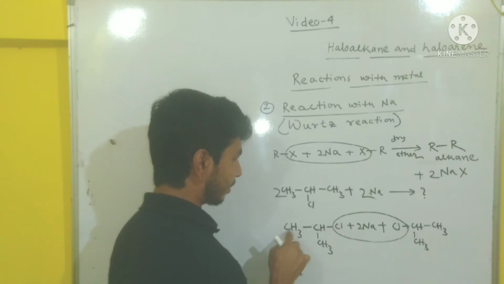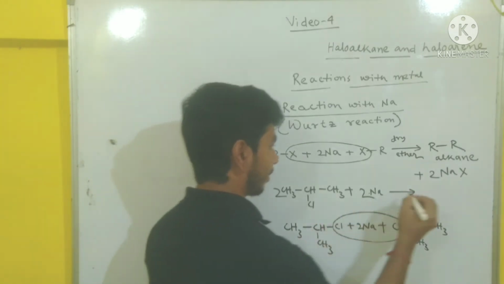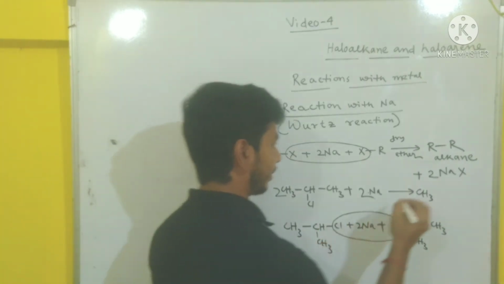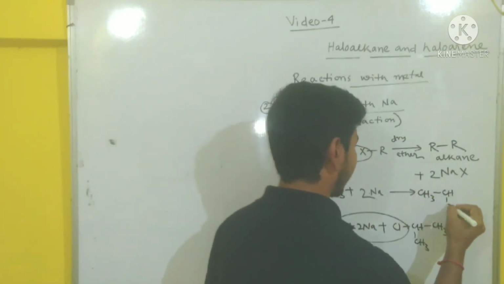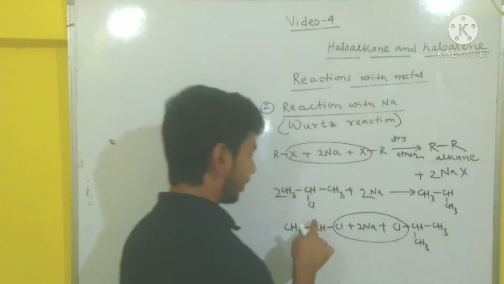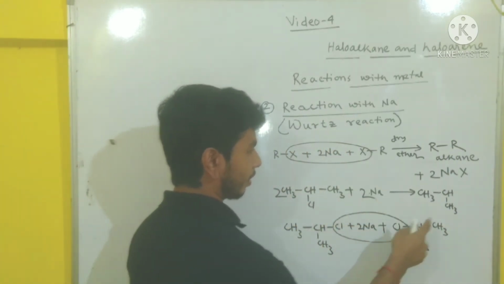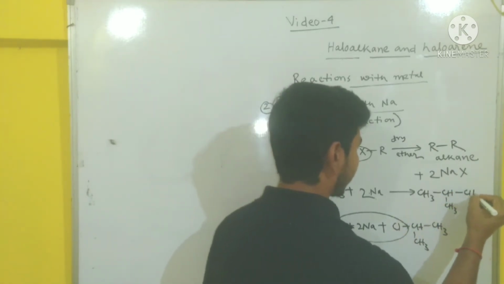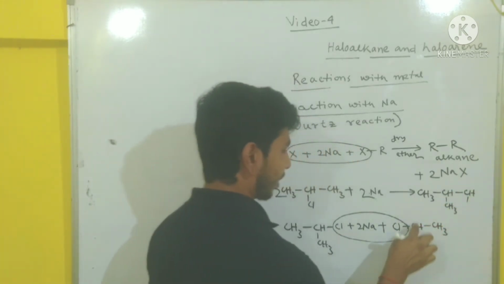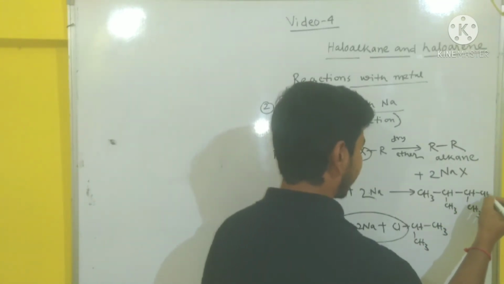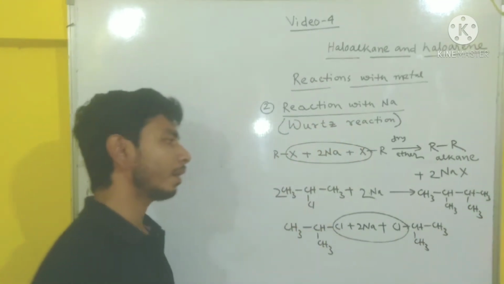So what will be the product? CH3, CH3. Now this CH group will be bonded with this CH. So CH will be bonded with CH, and each CH has a methyl group. So here CH3. This is the product.